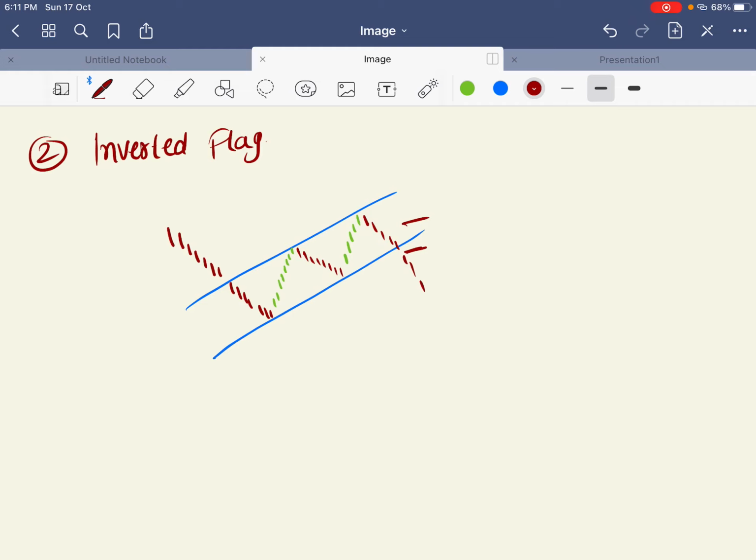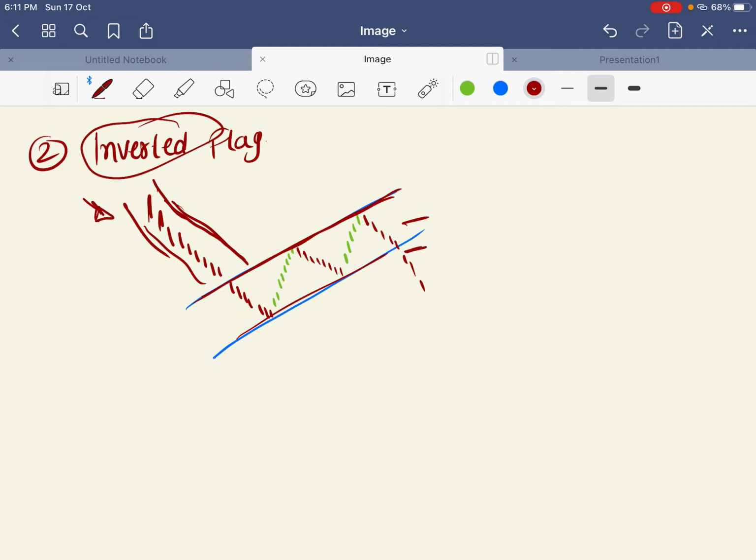As you can see, this looks like a flag and this looks like a pole of this flag if you watch it carefully. This is a pole structure and this is a flag, but it is an inverted flag, so you have to remember that the trend is bearish before entering this flag zone, and after the breakout you can take a short entry and take your profit accordingly.